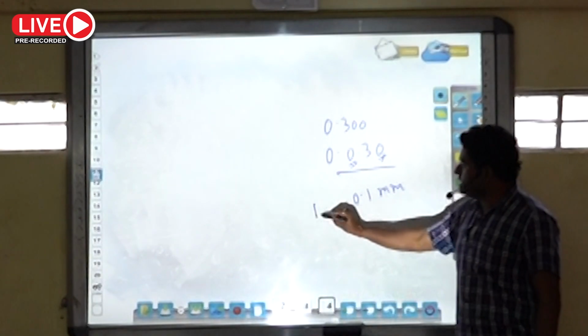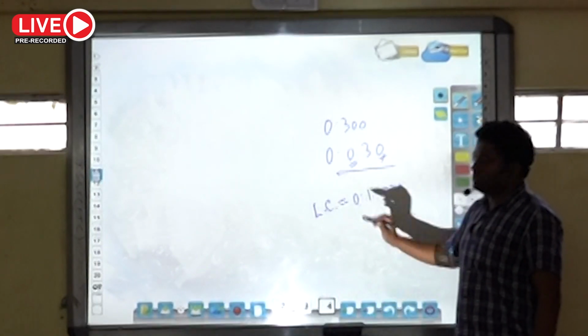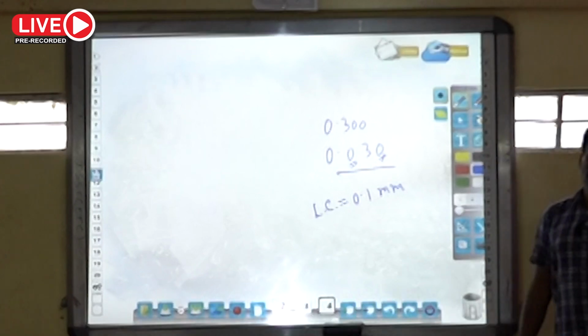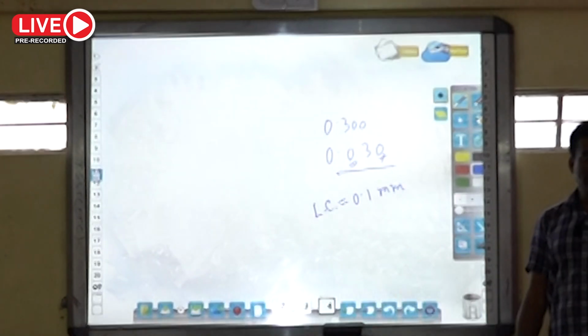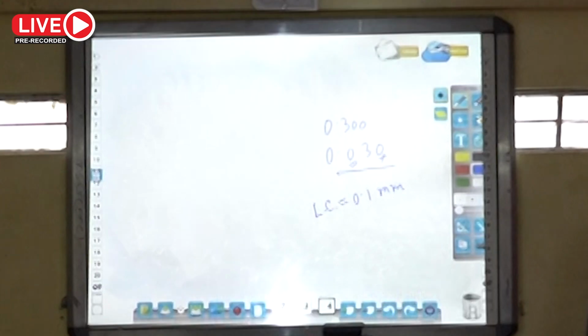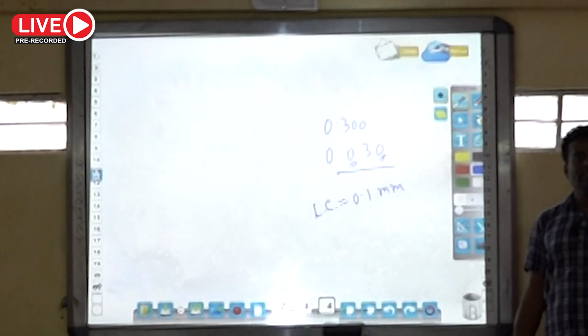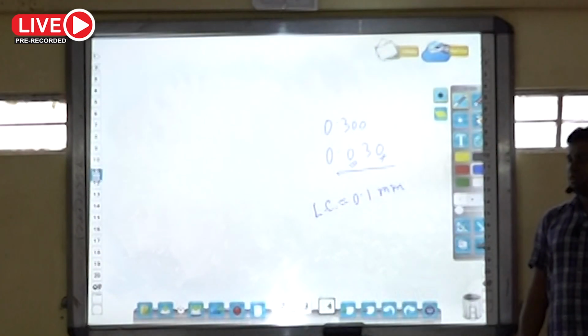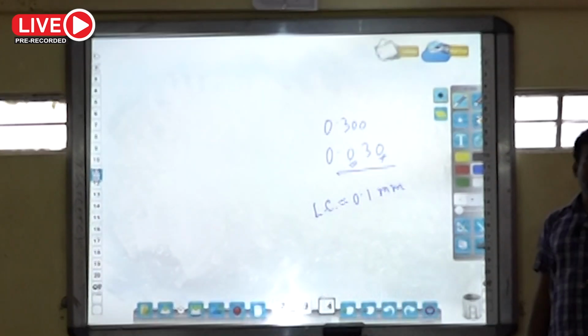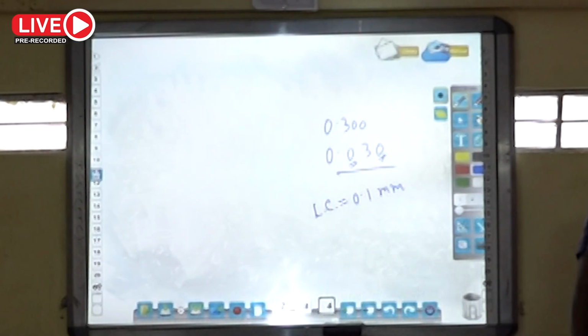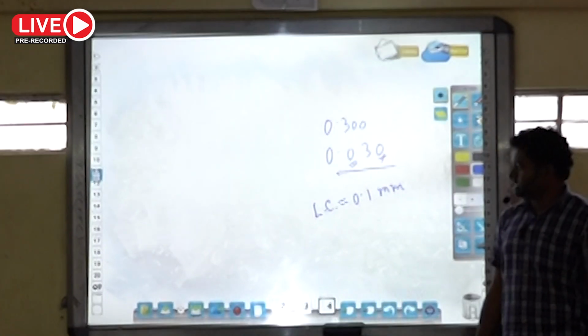It is called the least count of the vernier calipers, or vernier constant. The term least count you will find with a screw gauge or a spherometer. For a vernier scale, it is generally termed the vernier constant, 0.1 millimeter.